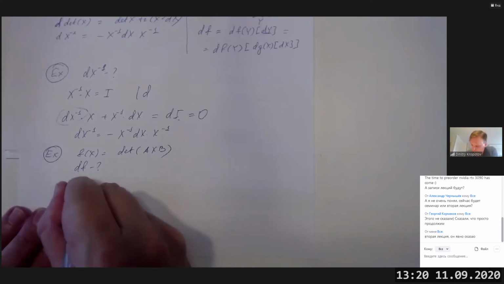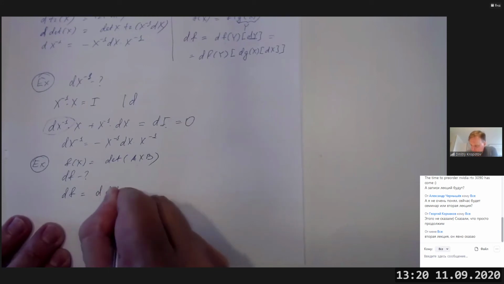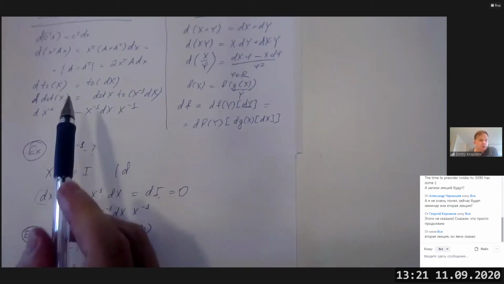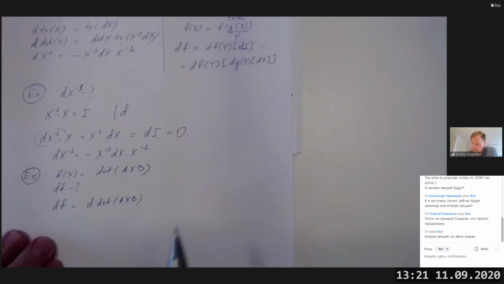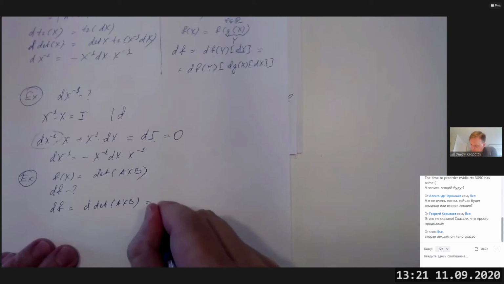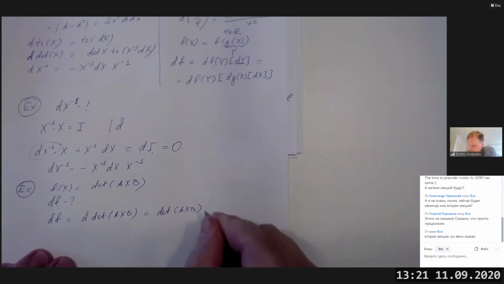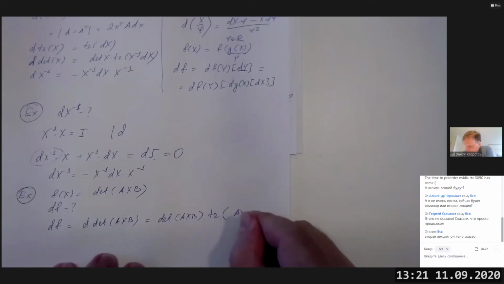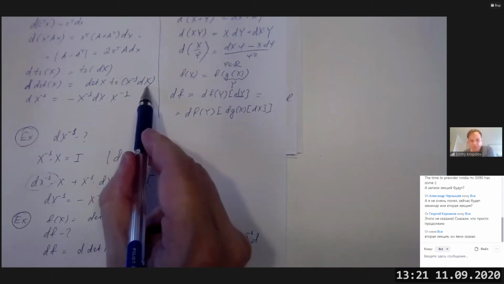So how would we do this? Just use our rule for the differential of a determinant written here. So it is the determinant times trace of the inverse of AxB times the differential of the argument.